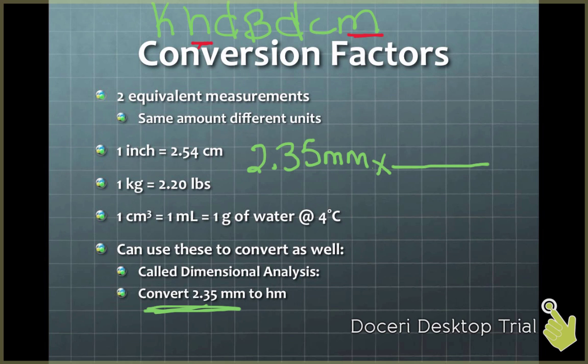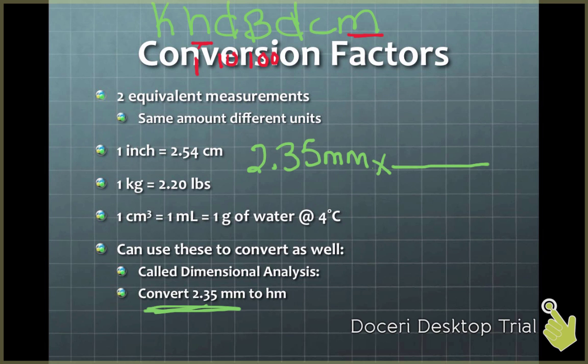So if we put a 1 with our hectometer, and we add a 0 each time, so 1, 10, 100, and that one's going to be 1,000. This one's going to be 10,000, which is going to leave this one be 100,000. So we've added 1, 2, 3, 4, 5 zeros. So our conversion factor for this conversion is going to be, in 1 hectometer, we have 100,000 millimeters.